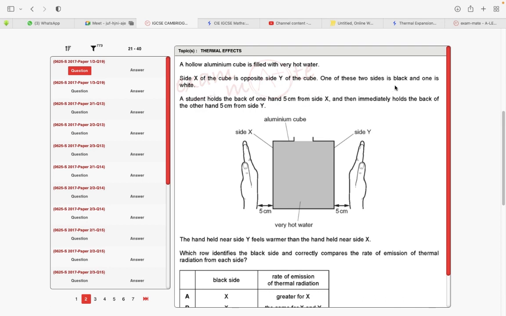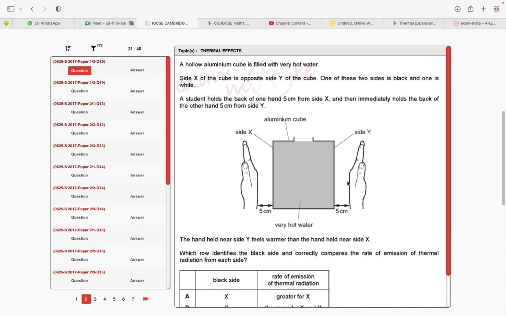One of these two sides is black and one is white. A student holds the back of one hand 5 centimeters from side X, and then immediately holds the back of the other hand 5 centimeters from side Y.